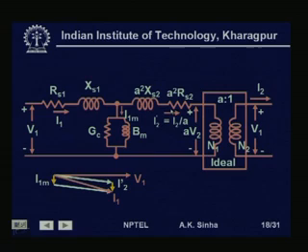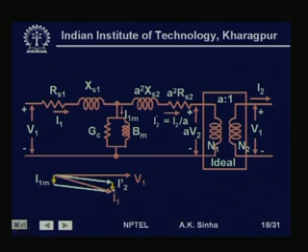So, this current I2 dash here, which is a reflected current for I2, will be very nearly in phase with voltage V1, and therefore the current I1 is going to be the phasor sum of this I2 dash and I1m, and is also going to be very nearly equal to I2 dash here, because I1m is very small.